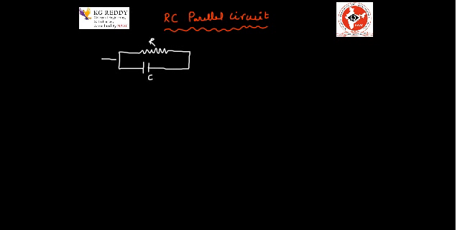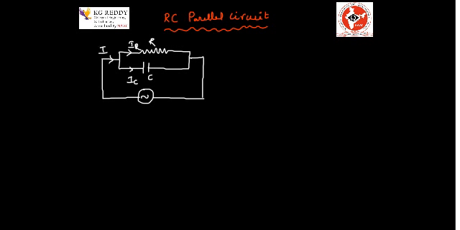Now I am exciting this by an AC source. So this is my AC source. This is my IR, this is IC, and this is the total current I.